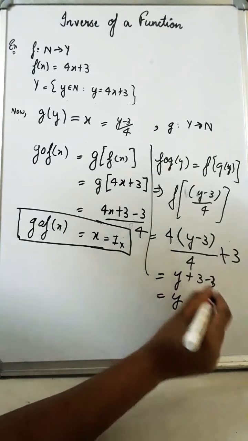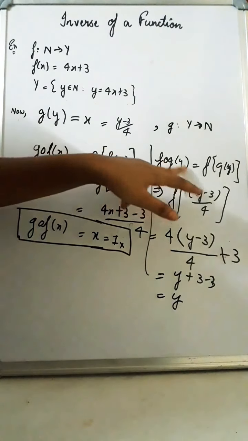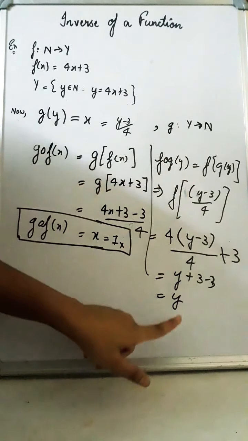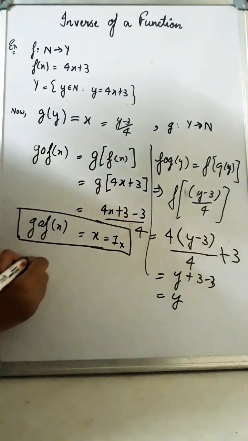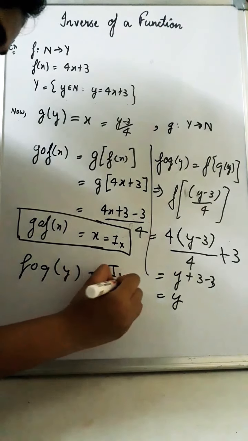Is it? It's y only. Similarly, here also what you got? f of g of y is y only, right? So f of g of y is also an identity function.